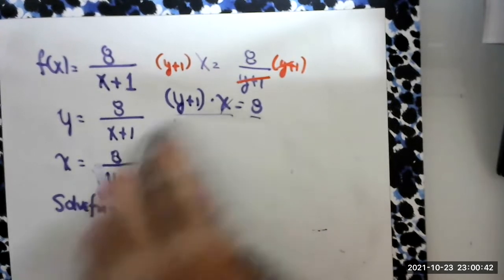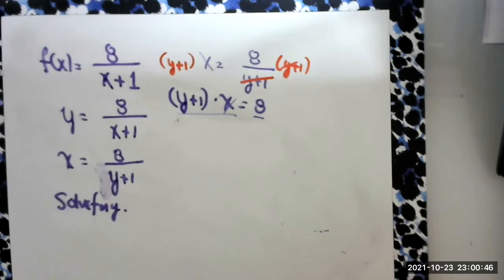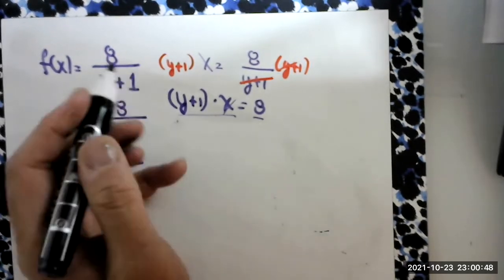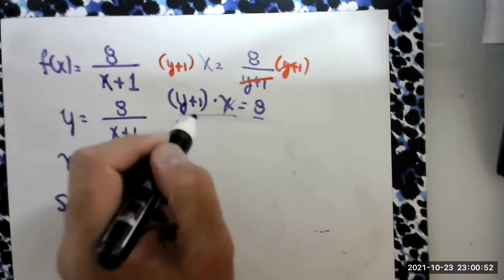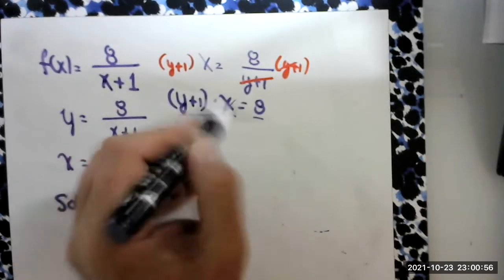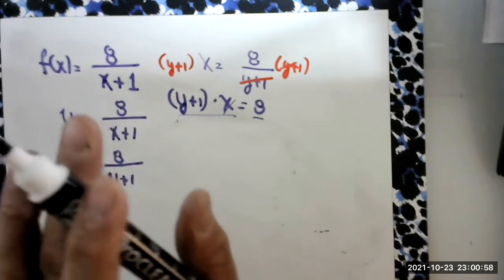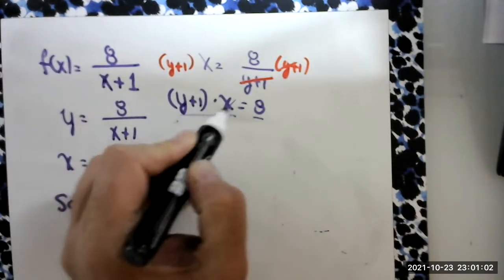is the following. You may distribute the parentheses, which, by the way, is my preferred method, just because in some cases that's the only choice you have. You will not be able to divide by x. You must distribute. So I always distribute regardless of which case I have. So let me go ahead and distribute the x.